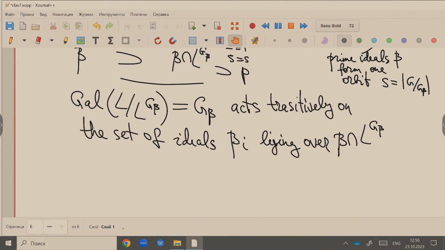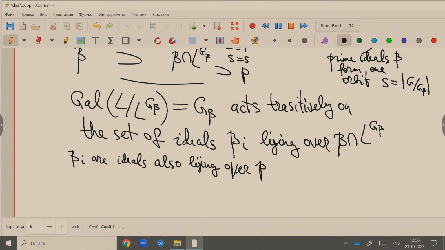So it is acting transitively on the set of ideals lying over it, but in particular these ideals beta i are ideals lying over P. But G beta is the stabilizer, it stabilizes beta.